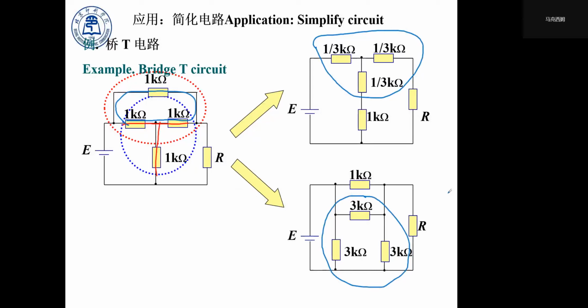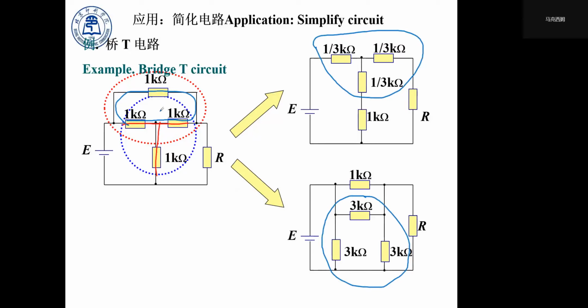So remember the special relationship between the delta shape and the Y shape. Once we have a symmetrical Y-shaped and a delta-shaped network, we can use the 3 outside, 1 inside structure transformation to transform it.